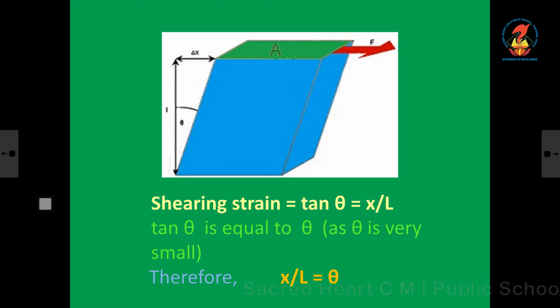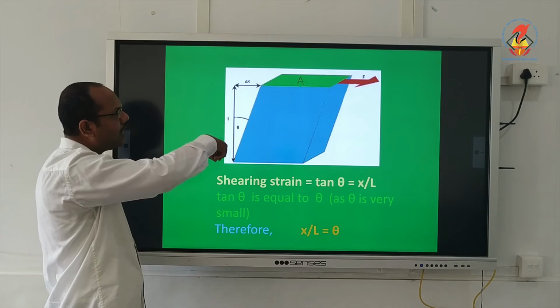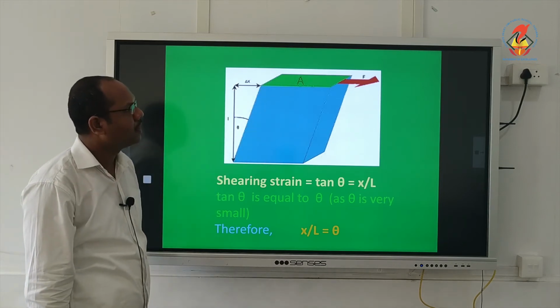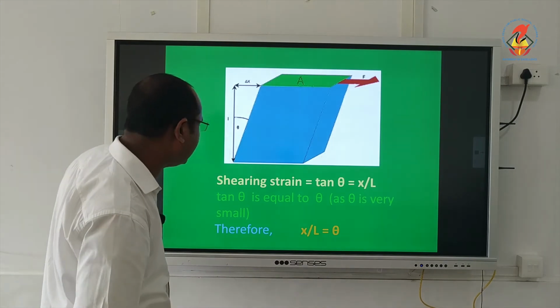The bottom portion is fixed. And you can see when I apply the force, the top portion has moved through a certain angle. That angle is marked as theta. This is the length L and this is delta x. Or you can just say like this.